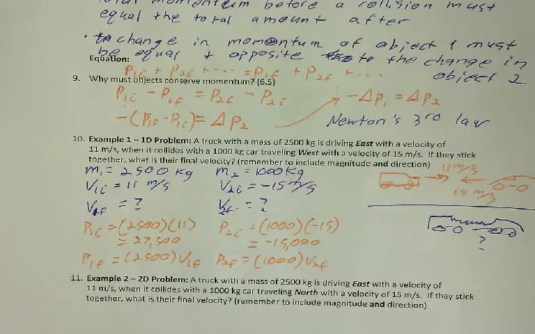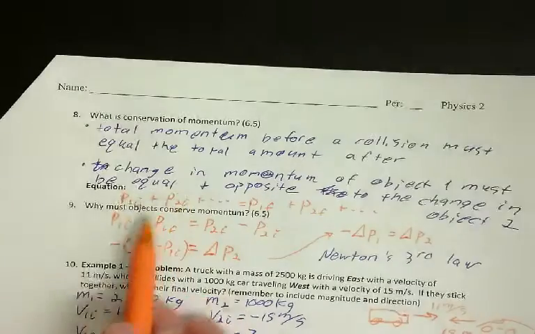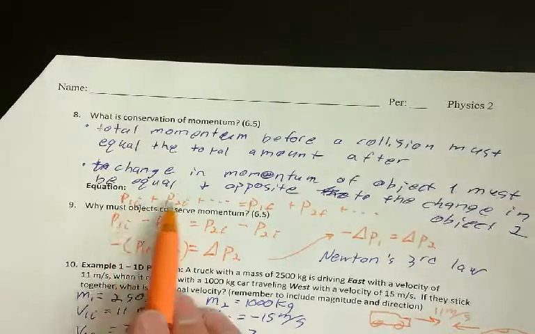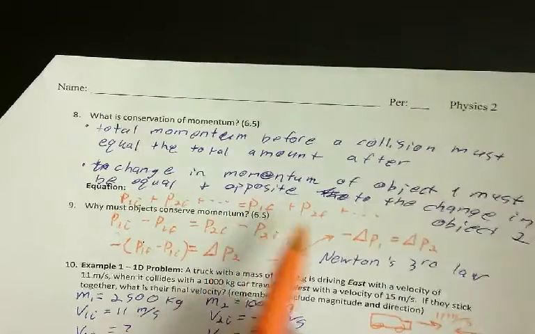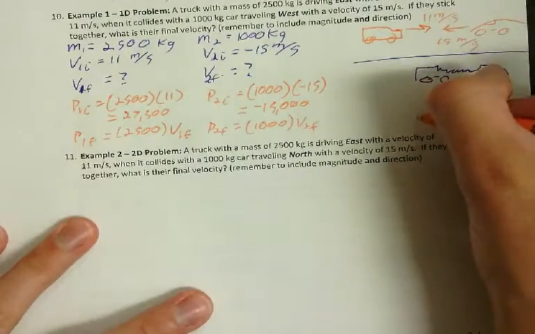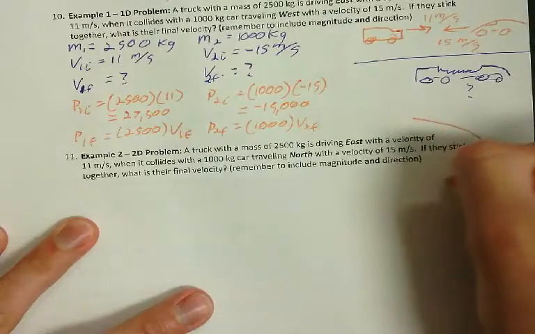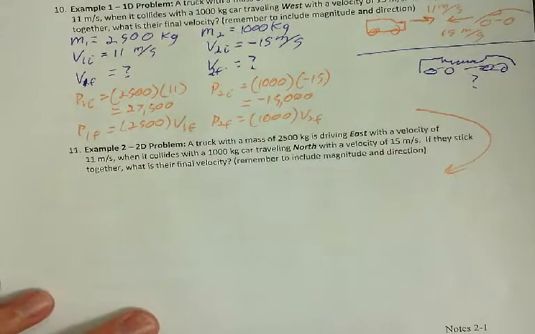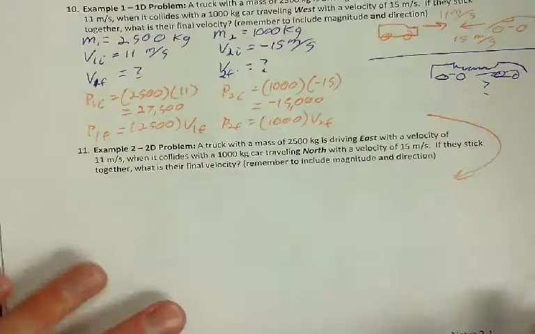So now we're ready to do this equation. Initial 1 plus initial 2 equals final 1 plus final 2. I'm going to go ahead and put that down here. I'm going to do example 2 on a separate sheet of paper because I'll need a lot more room. You may not, but I will.